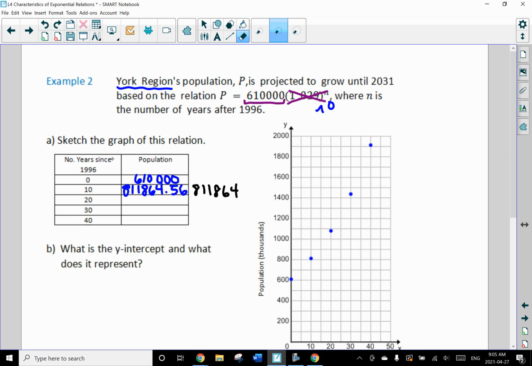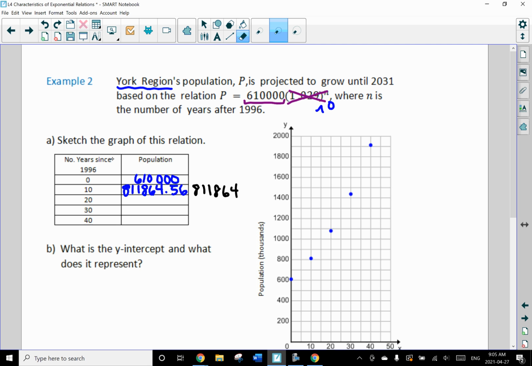So let's try 20. So I can calculate a value. Well, it doesn't want to let me do that on my calculator. And you know why? I think it's because of my window.